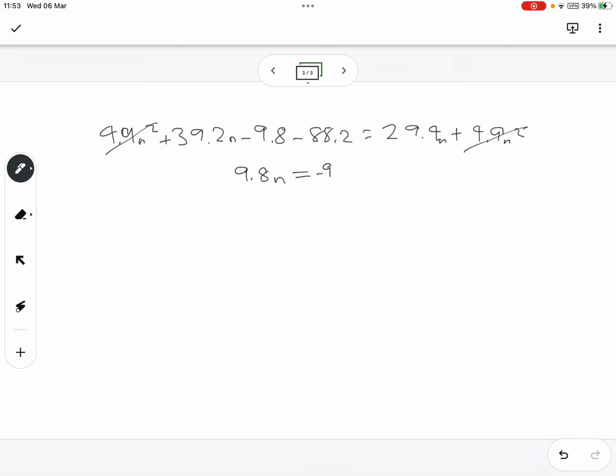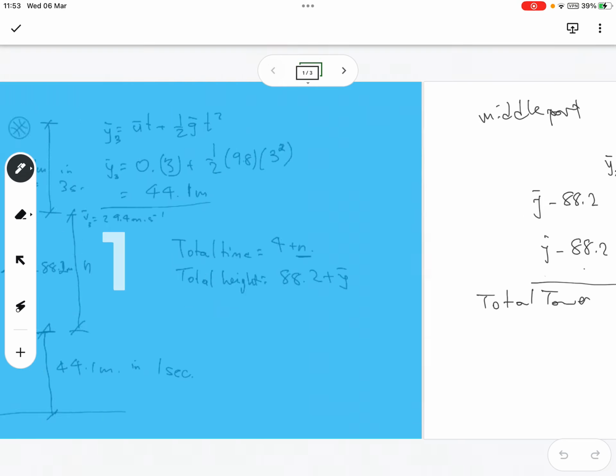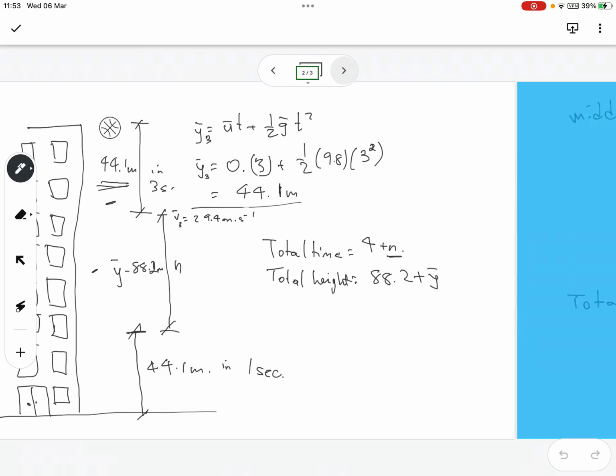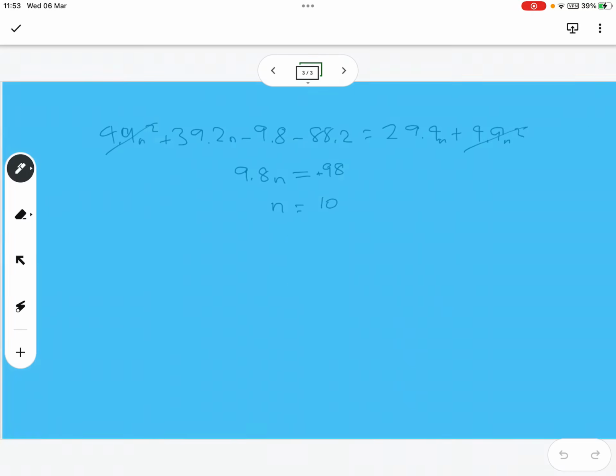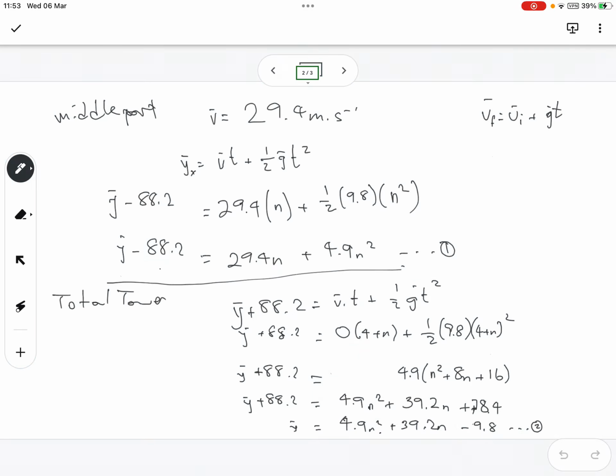So it becomes 98 because the negative goes to the other side. So n is what? 98 divided by 9.8? 10. It could be 10 seconds. Wow, okay. So it's 14 seconds in total. So the total travel time is 14 seconds.